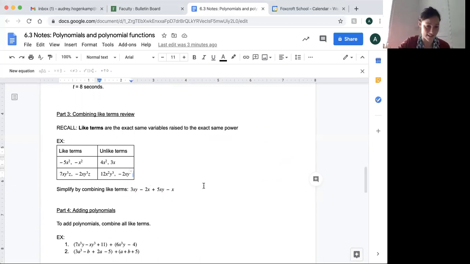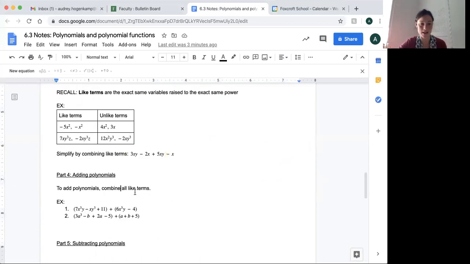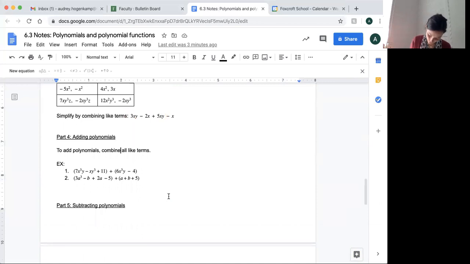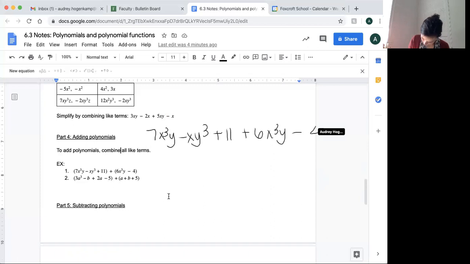So here's more practice. To add polynomials, combine all like terms. So let's go ahead and look at number 1 here. We have 7x cubed y minus xy cubed plus 11 plus 6x cubed y minus 4. So to combine like terms, I'm going to go ahead and identify my like terms, and then I'm going to combine them.